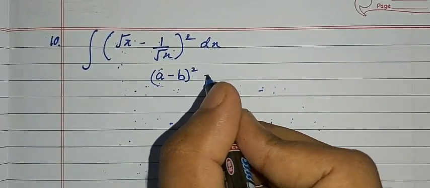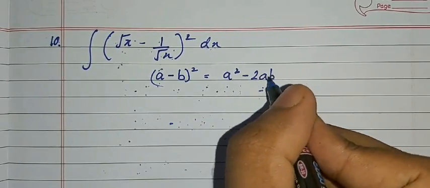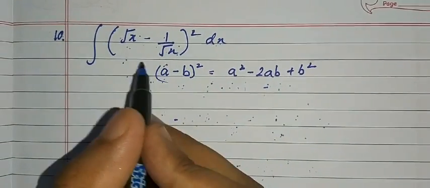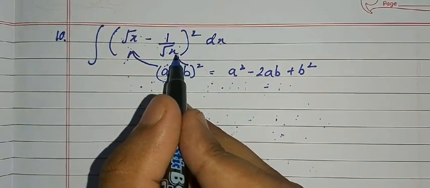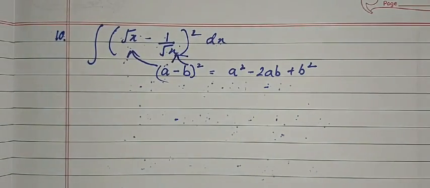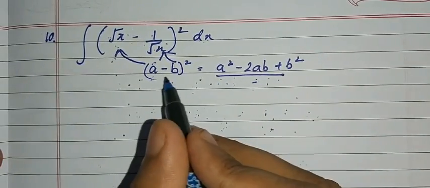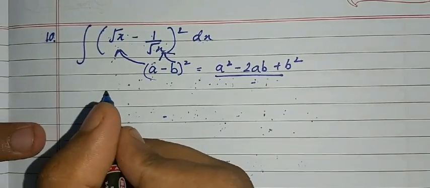Let's expand this, so it will be a square minus 2ab plus b square. This a corresponds to root x and this b corresponds to 1 by root x. So let us write the expansion of this in the integral sign.